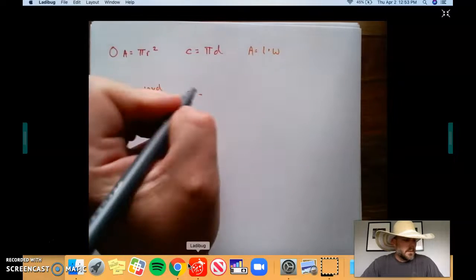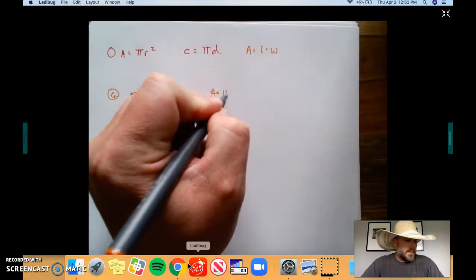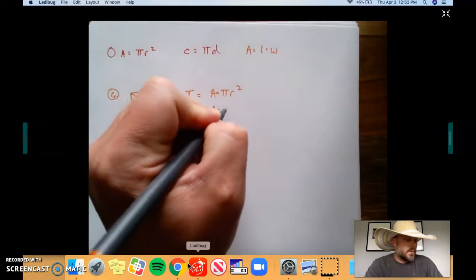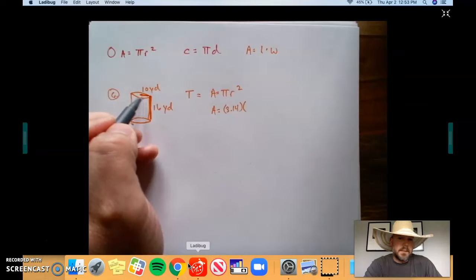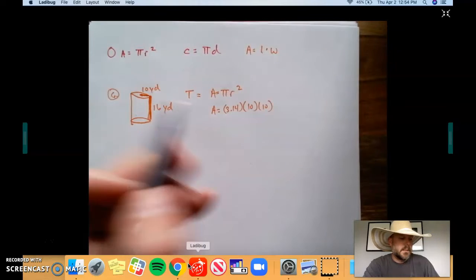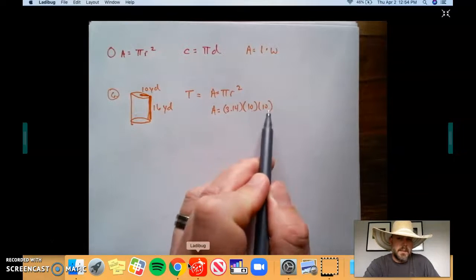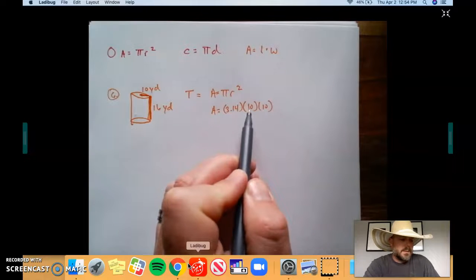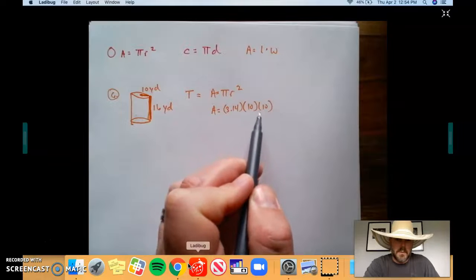The area equals pi r squared. We use 3.14 for pi, and our radius is 10. Remember, that's radius squared, so that means we multiply it by itself. That does not mean 10 times 2. It means the radius times itself.